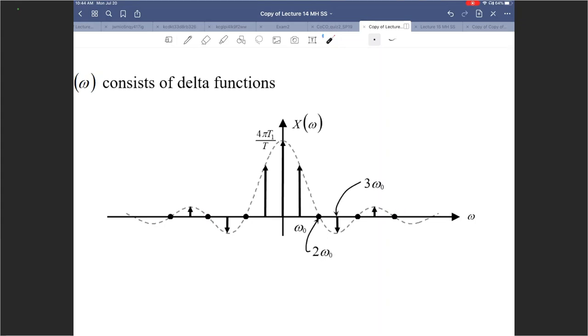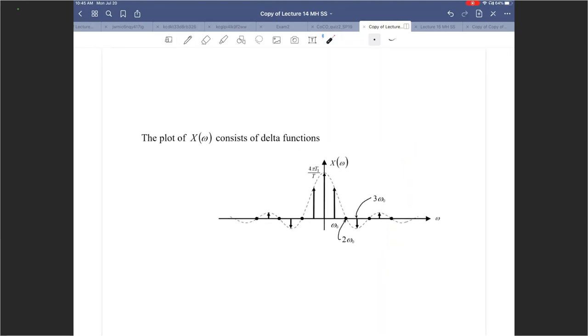And we also saw that those Fourier series coefficients were going to 0 for even harmonics, and they were non-zero for only odd harmonics. So delta functions being scaled by a sinc function, that's your Fourier transform of the pulse train. All right.